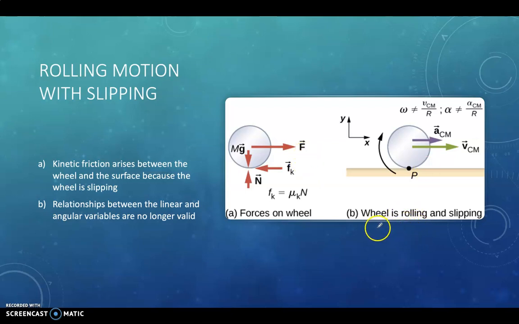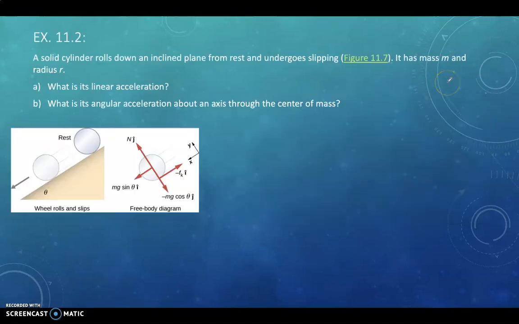When the wheel is rolling and slipping, the relationships between the linear and angular variables are not valid anymore. So there needs to be something else to relate these, and these are no longer valid.